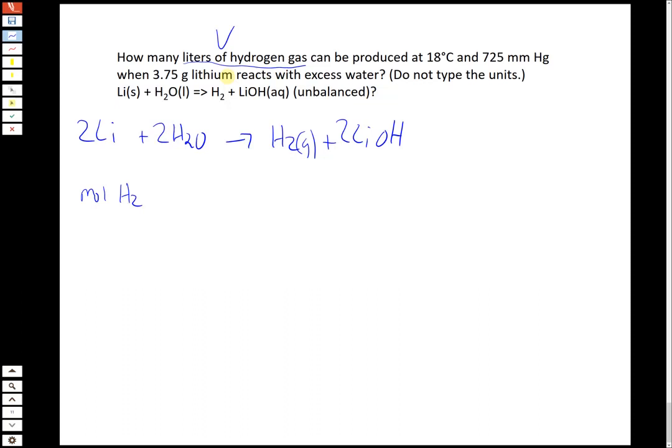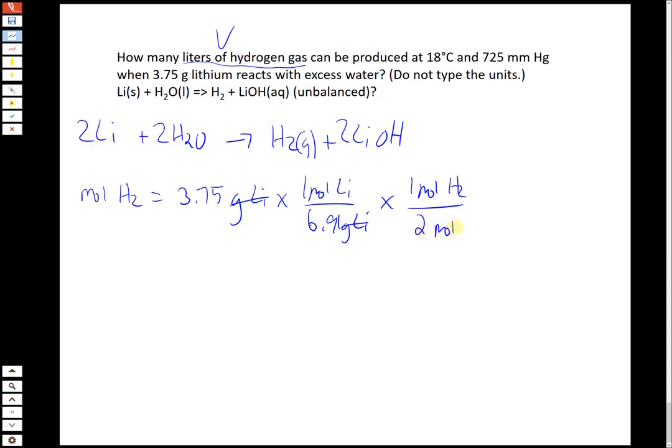So for the moles of hydrogen, we have 3.75 grams of lithium. We'll convert that to moles by using the atomic mass of lithium, which is 6.91. Once we have moles of lithium, we can use stoichiometry to find how many moles of hydrogen are produced. 1 mole of hydrogen, a coefficient of 1, for every 2 moles of lithium, which has a coefficient of 2.